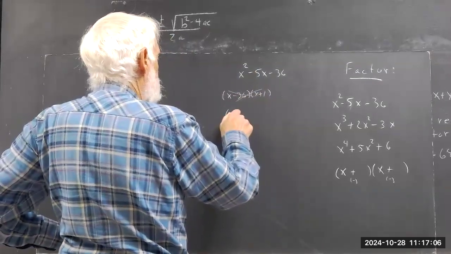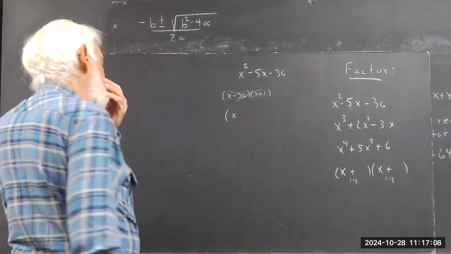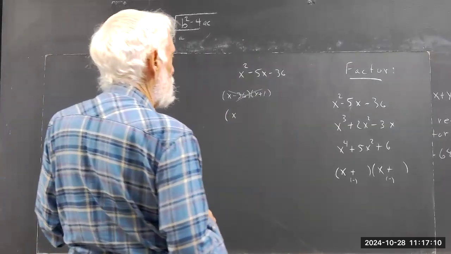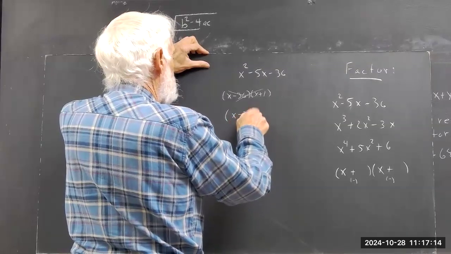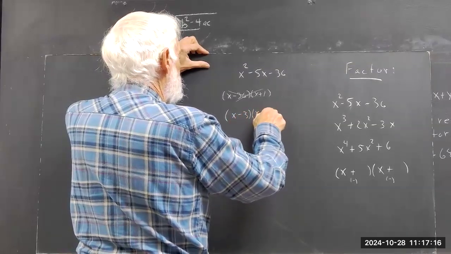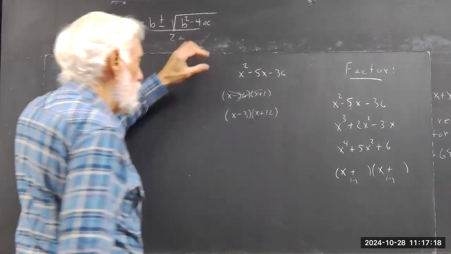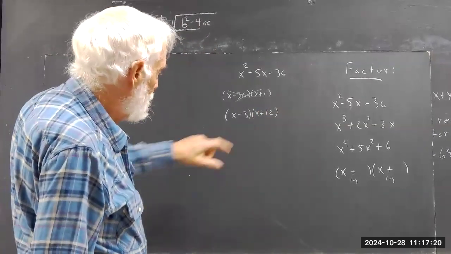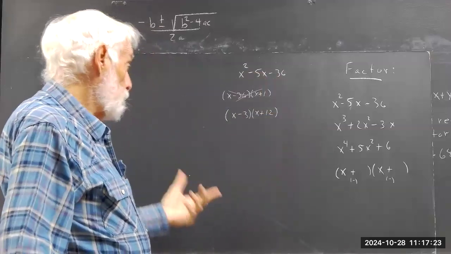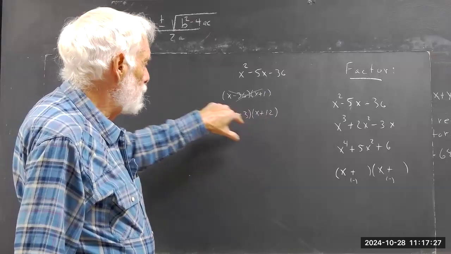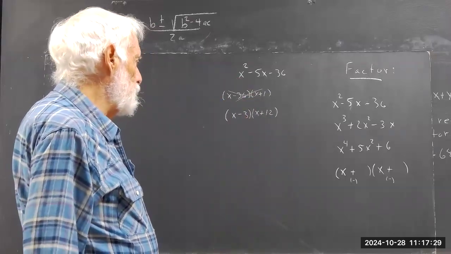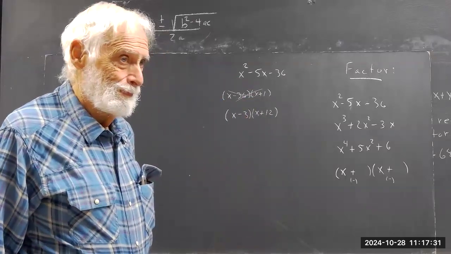Then you try maybe smaller numbers. Let's say x minus 3 times x plus 12. Well, we're getting closer. Negative 3 times 12 is still negative 36. Of course, then you're going to have a 12x here and a negative 3x here, which gives you a plus 9x.